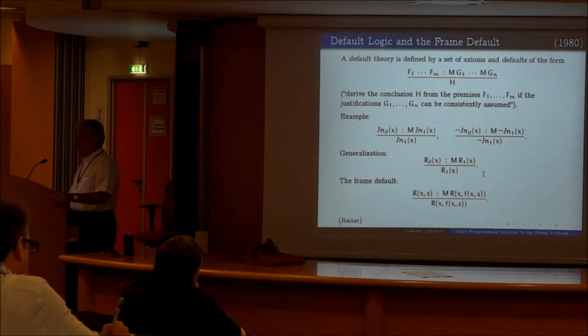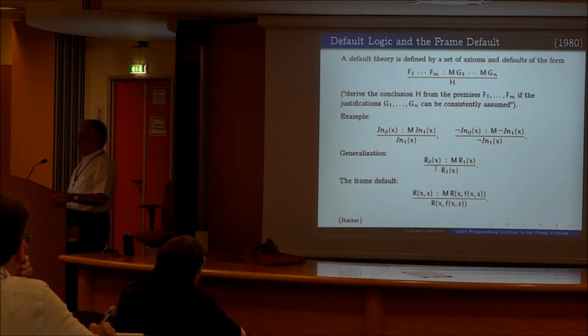If R is a fluent, then to express this idea that if R was true at time 0, then by default you can assume that it's true at time 1, this can be expressed by this default in Reiter's formalism. And this is actually almost identical to this quote from Reiter's paper that I showed before, to this frame default.